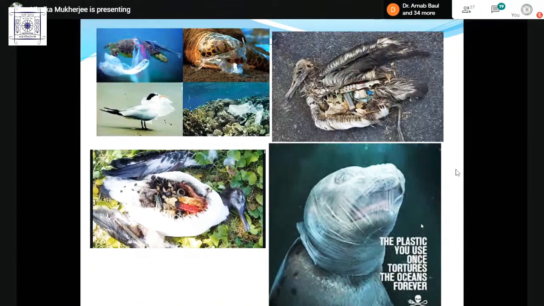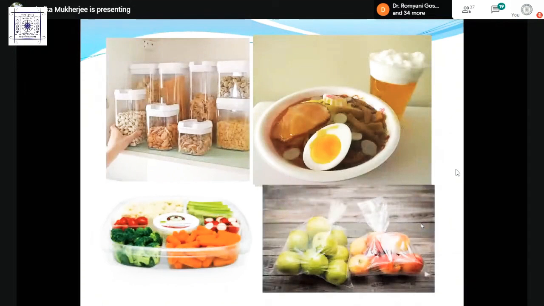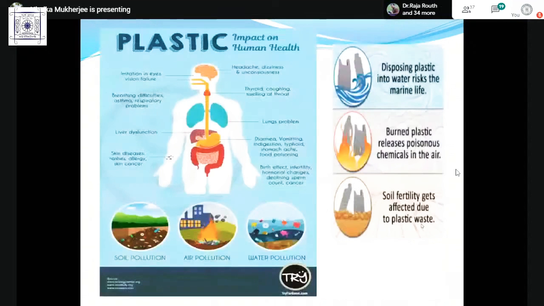They are being affected and killed every other day due to consumption of plastics, because they don't understand what plastics are and they consume it thinking it to be food. We can see in kitchens as well as on our tables, we use plastic in our day-to-day life.